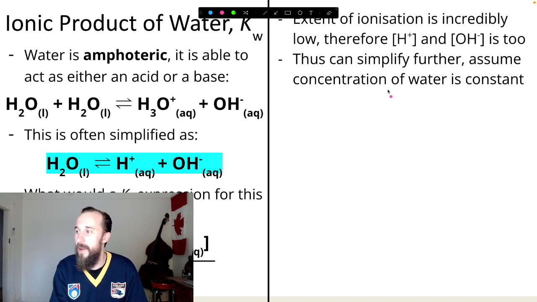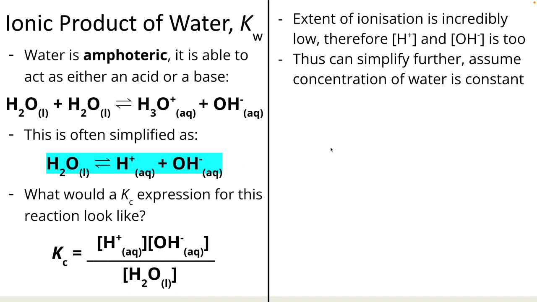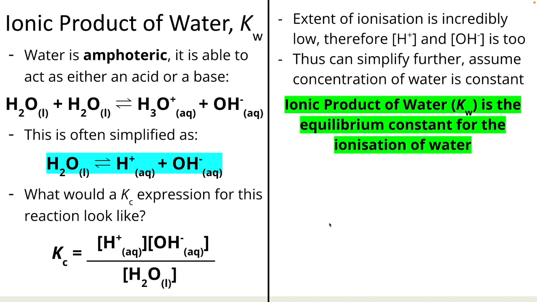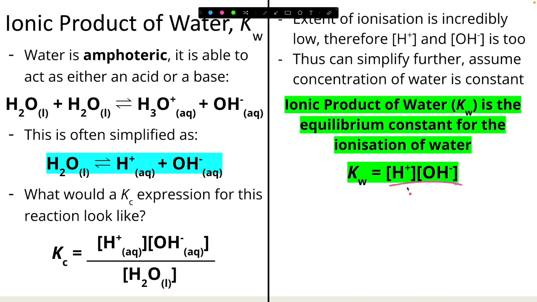So we can simplify further. We can assume that the concentration of water is constant. So we can turn this Kc expression into a Kw expression by ignoring the concentration of water and just having it equal to H+ times OH-. And this gives us our ionic product of water. It's the equilibrium constant for the ionization of water.